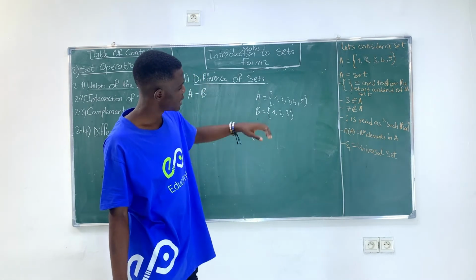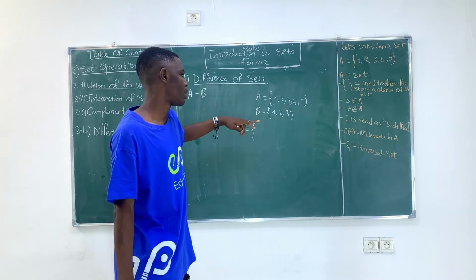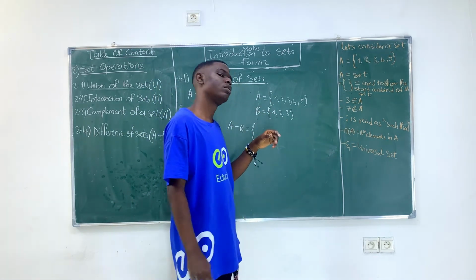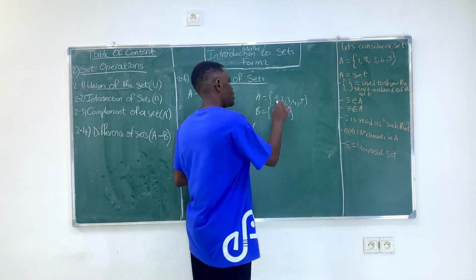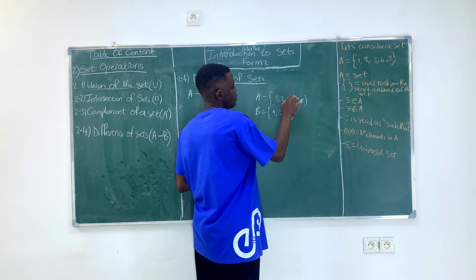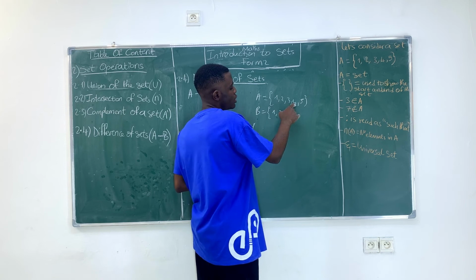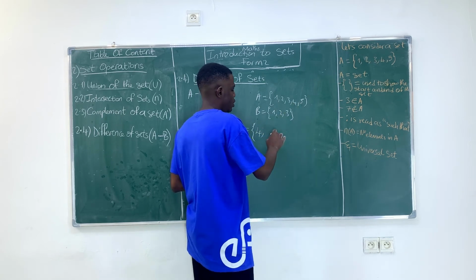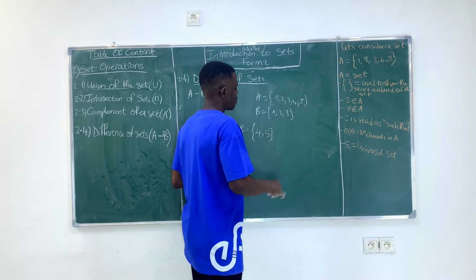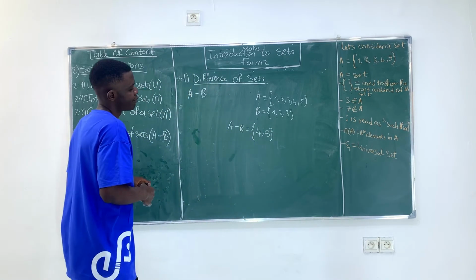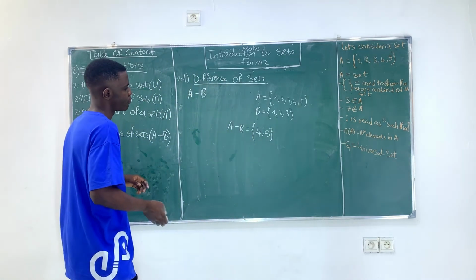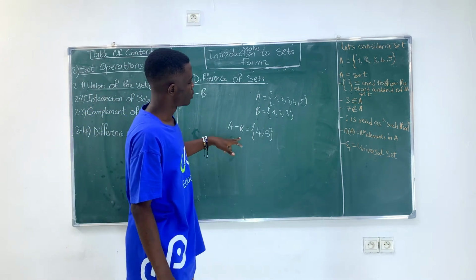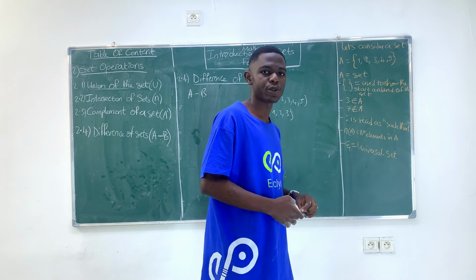A minus B means elements in A that are not found in B. So which elements in A are not in B? 1 is in A and B, 2 is in A and B, 3 is in A and B, 4 is in A and not in B, and 5 is in A and not in B. There you have 4 and 5. So that is A minus B.